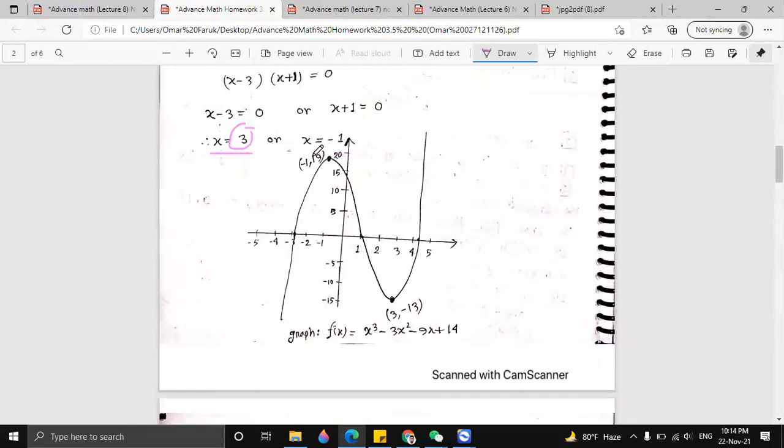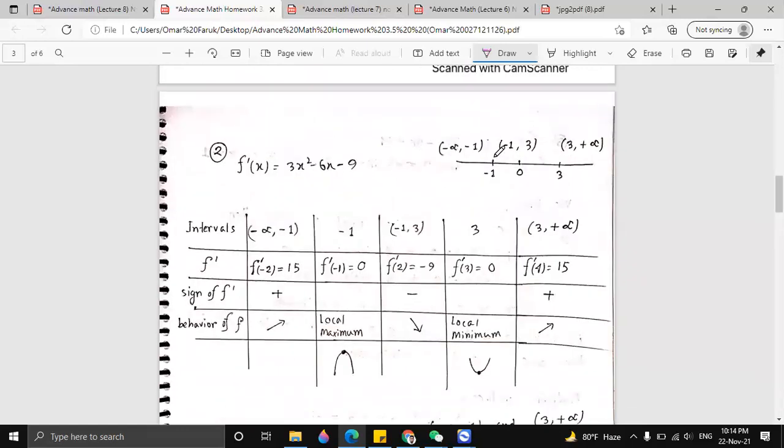So we got 2 points: one is 3 and another one is -1. If I write down here -1 and 3, you can see like the previous one, this is divided into 5 parts, right? Here is 3 and another is -1.